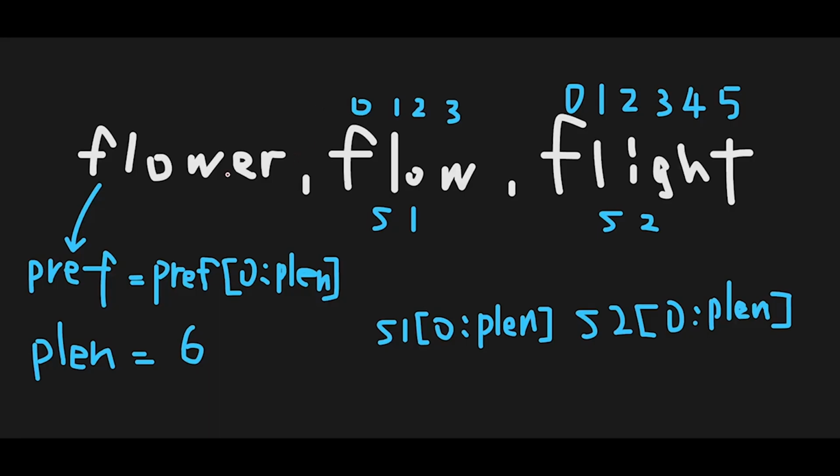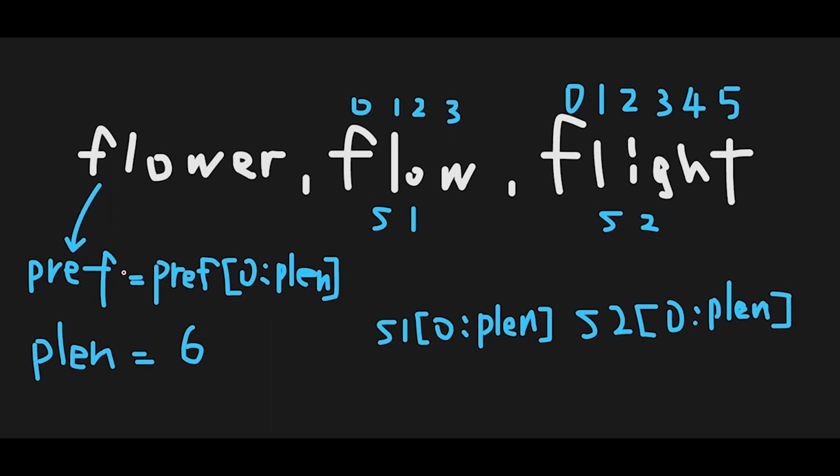Okay, so let me explain with this example. Yeah, a little bit messy, but I hope you can understand easily. And first of all, we use two variables. One is prefix and the other is plen.